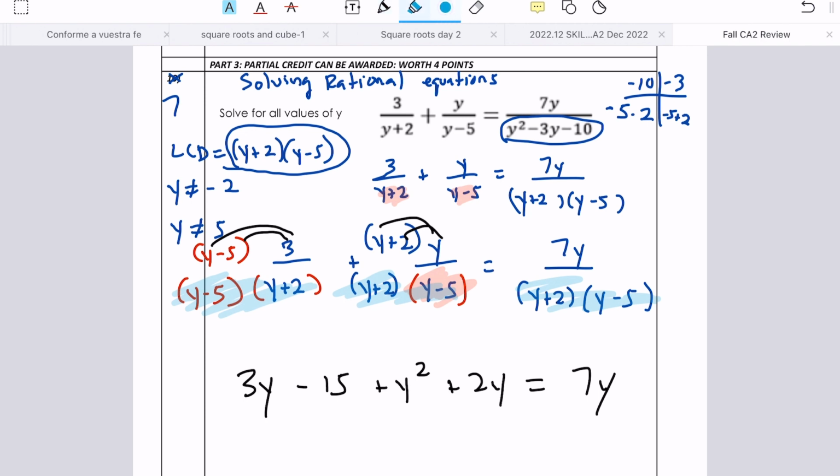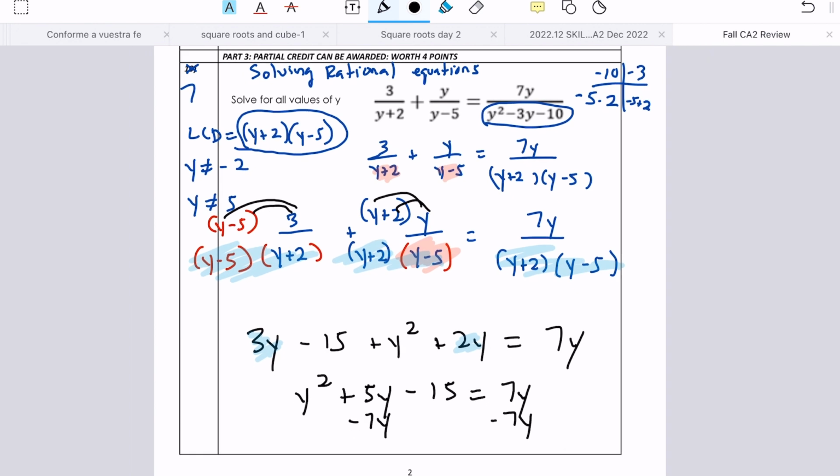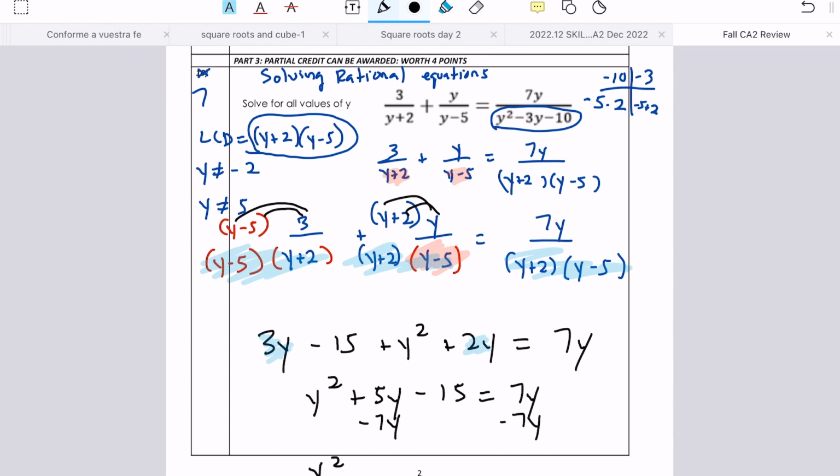I see that I have a 3y and a 2y, so I can combine that. I'm going to also put it in standard form. So I'm going to have y squared plus 5y minus 15 equals 7y. I'm going to subtract 7y. So I'm going to have y squared minus 2y minus 15 equals 0.